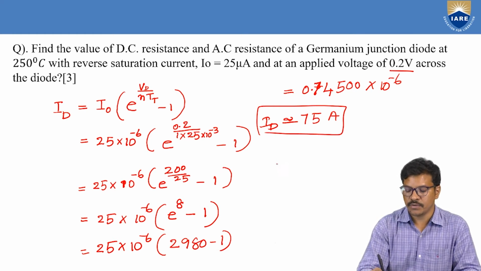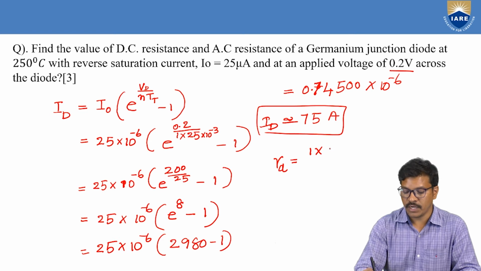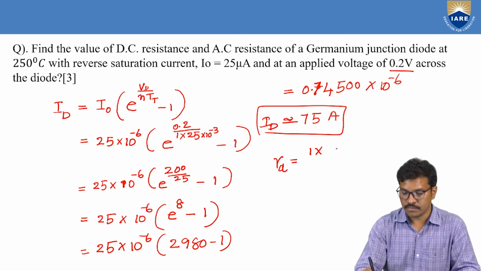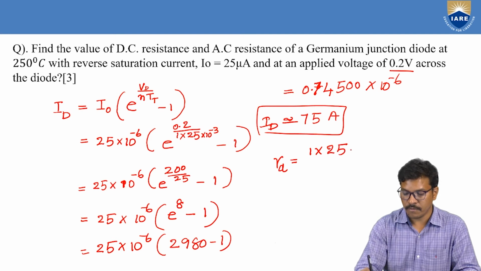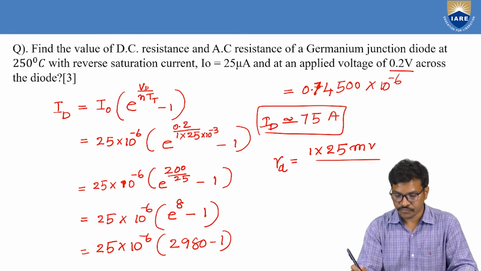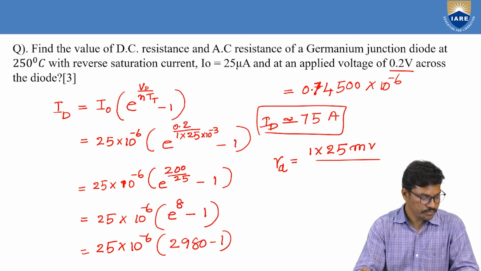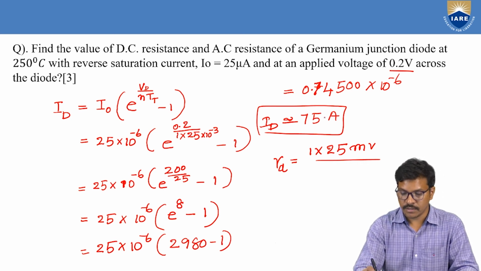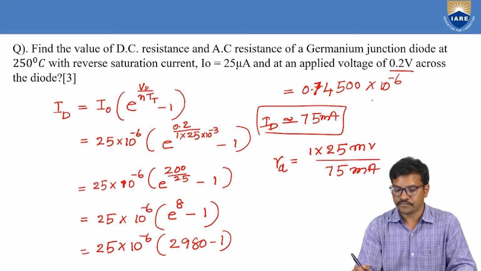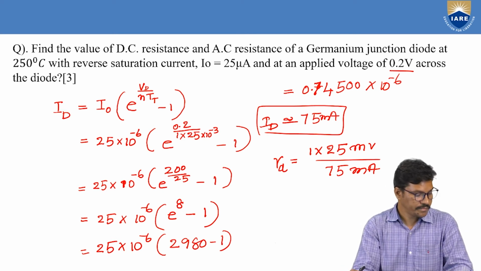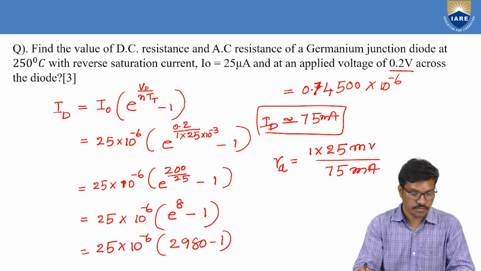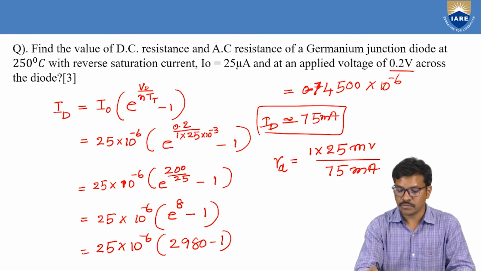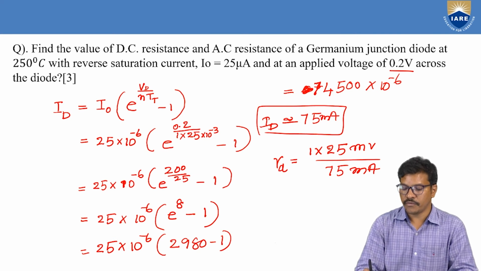This can be substituted into the dynamic resistance. RD is equal to eta, which is 1, into Vt, 25 millivolts, divided by ID, 75 milliamperes.